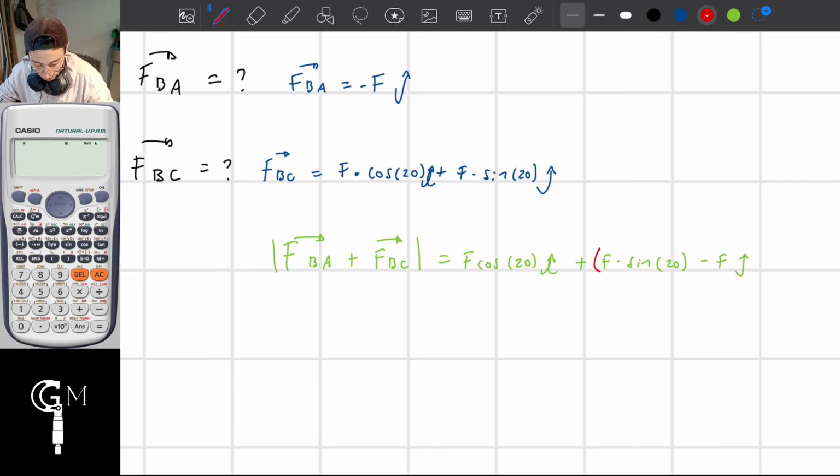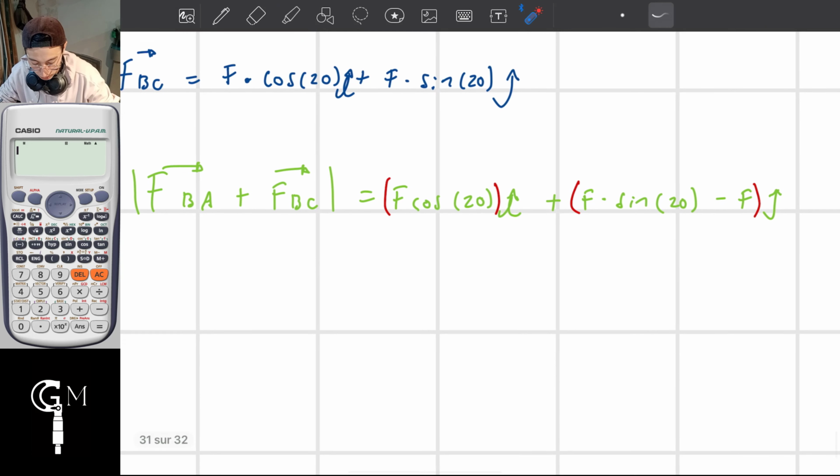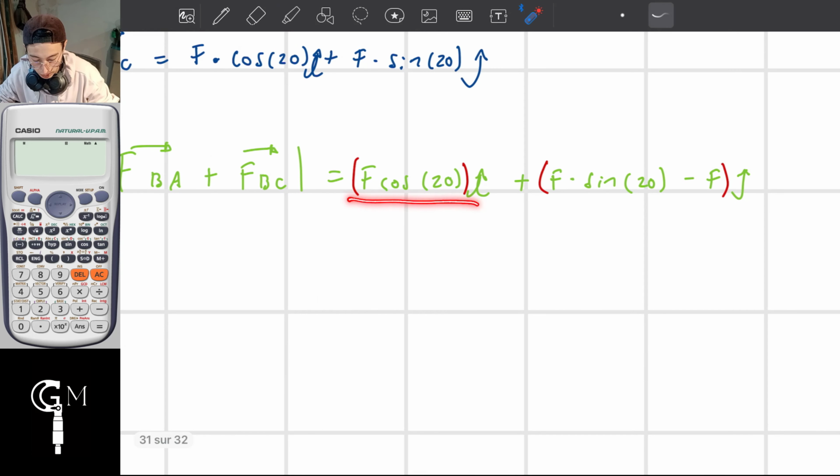Maybe it's easier if I put this within parentheses for us to determine the components, the first and the second.